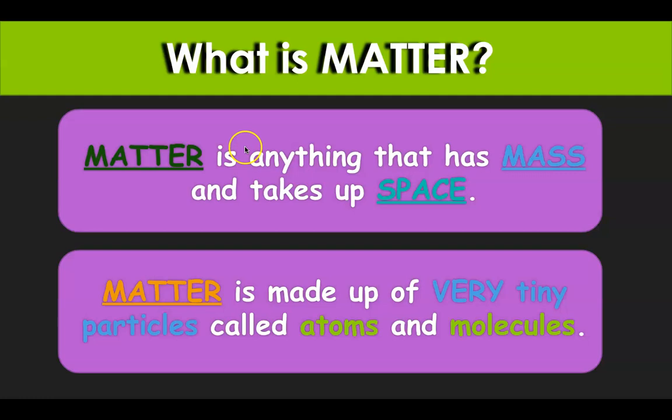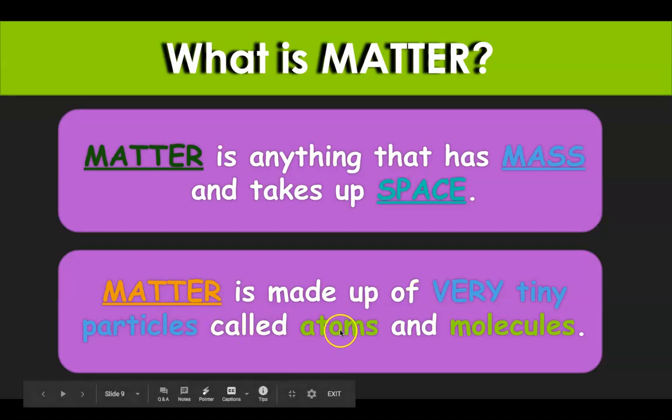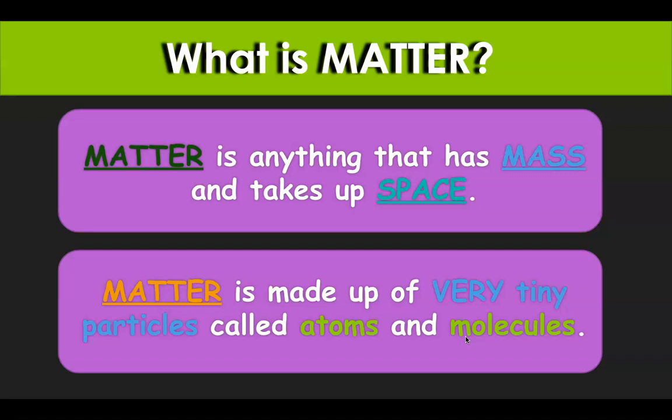So your definition for matter is anything that has mass and takes up space and is made up of very tiny particles called atoms and molecules. So write down this definition and then draw a picture on the right-hand side of your paper of some type of matter. Feel free to pause this video so that you can do that.